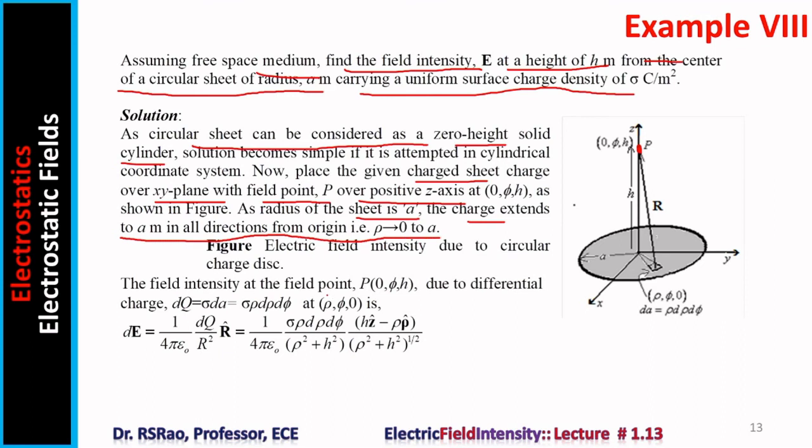The field intensity at field point P due to differential charge dq equal to sigma dA, that is sigma rho d rho d phi, is 1 by 4 pi epsilon dq by R squared R cap, where capital R squared is rho squared plus h squared, and R cap is given by this expression.